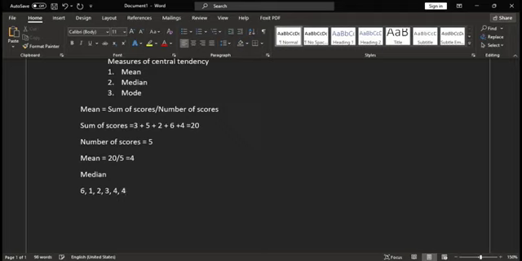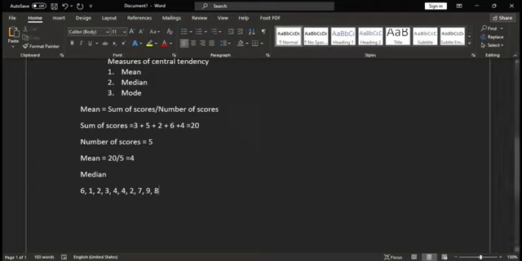Let's take another 4. Let's say 2 again. 7, 9, 8.